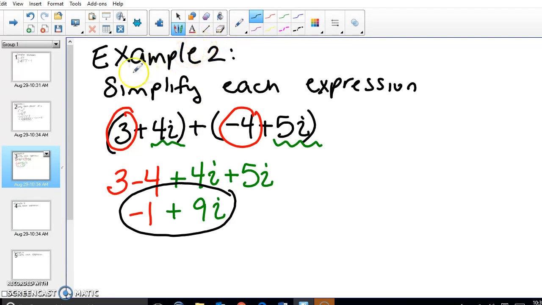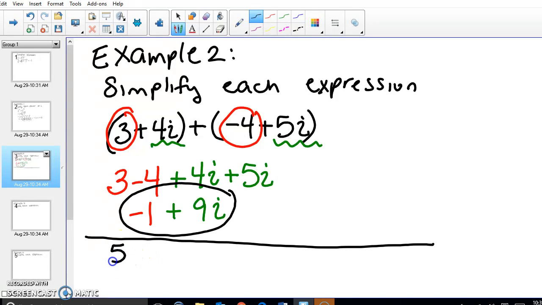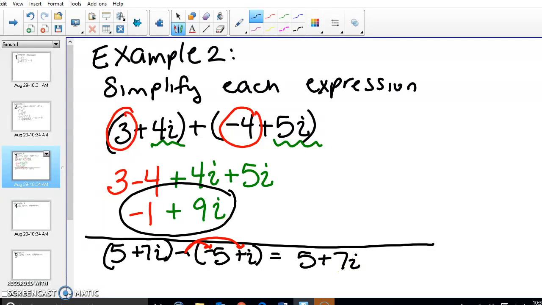Alright, so if we look at another type, let's look at one where we need to distribute. So if we have 5 plus 7i minus -5 plus i, it's going to be the same process, except we need to remember to distribute our negative sign. So we're going to have 5 plus 7i in our first quantity.